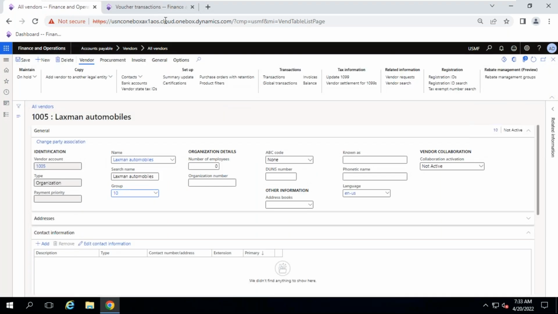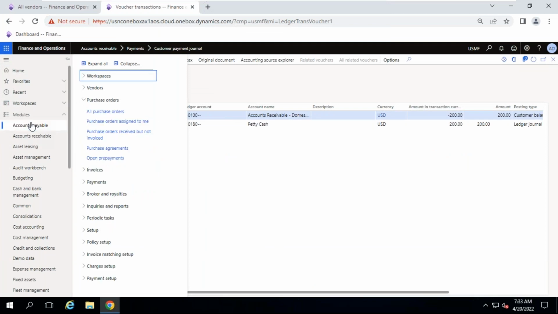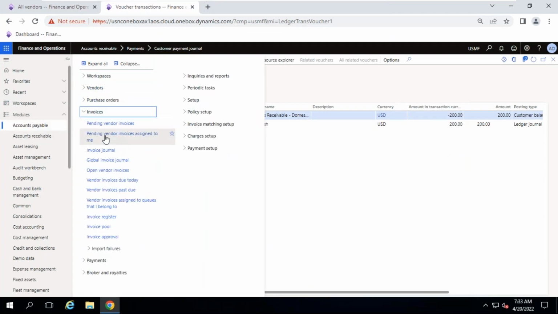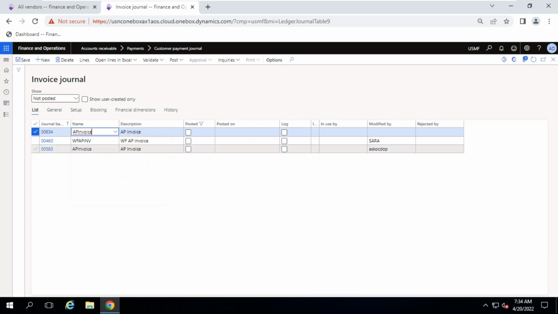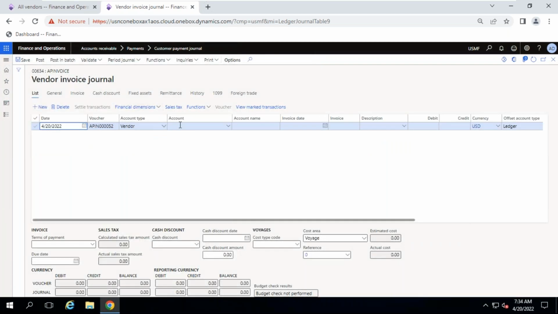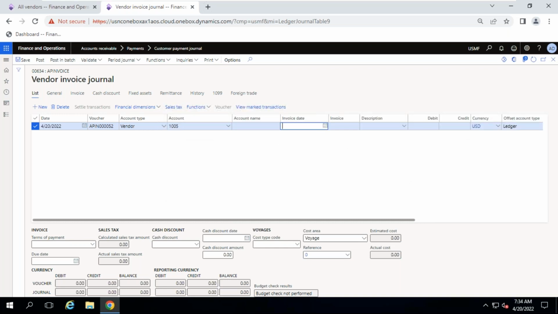Now I'm doing a vendor invoice: accounts payable, invoices, invoice journal. I'm clicking on the new button, select the journal name, click on lines, select the vendor account, whatever we have created, 1005, click on tab.